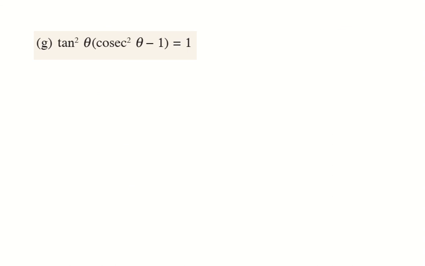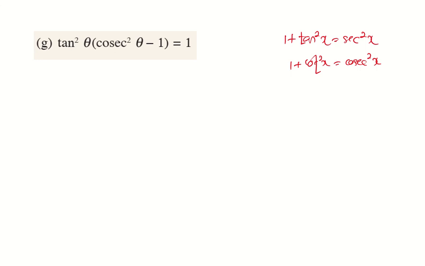Next, G. Let's see again the formula. 1 plus tangent square x is secant square x. 1 plus cotangent square x is cosecant square x. Here, what do we have?